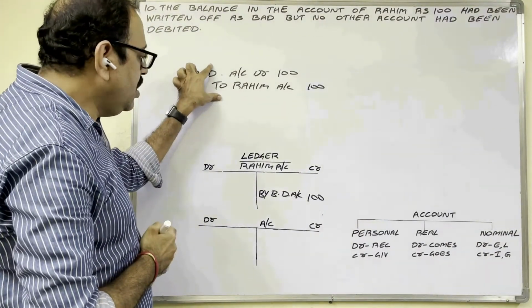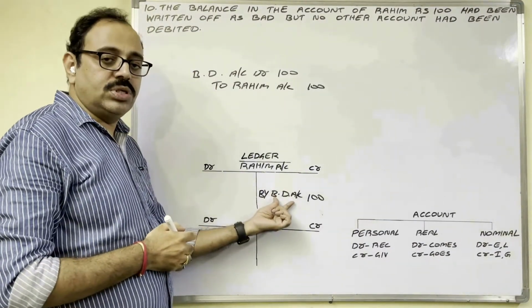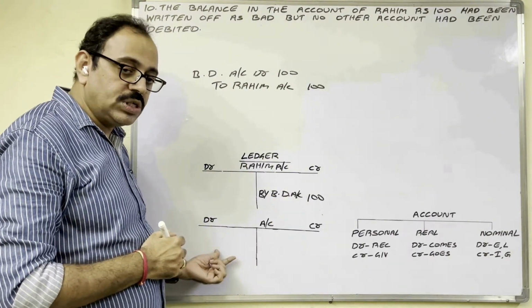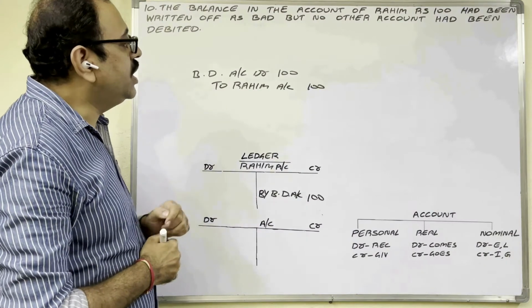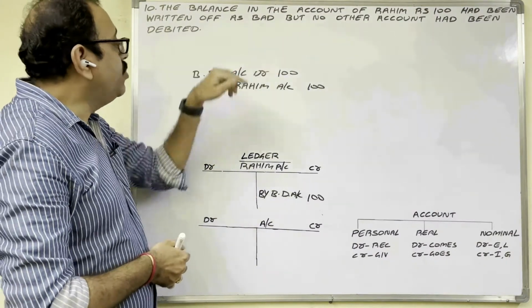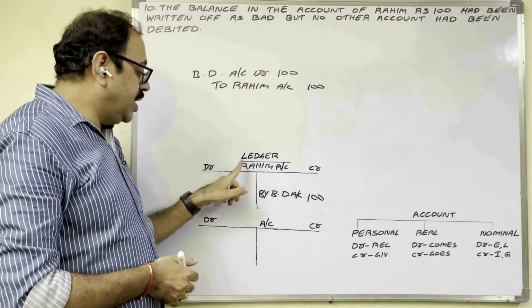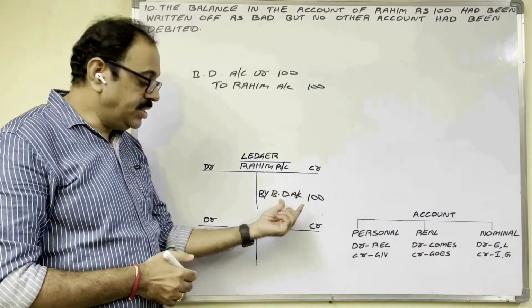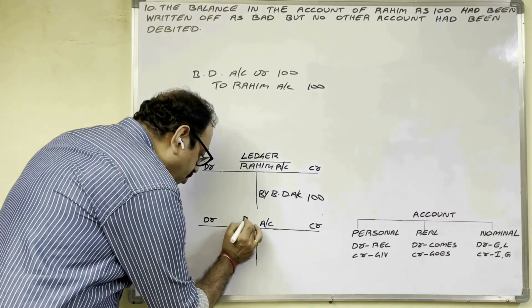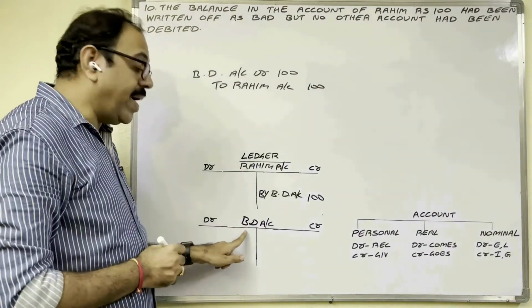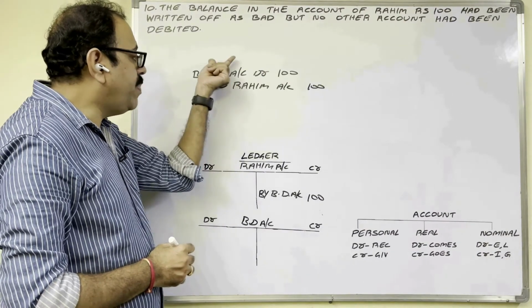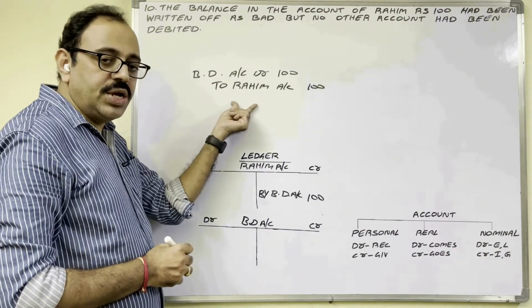So this entry is posted in Rahim's account. The second time, in the bad debt account also we should post. But in the question it is given that no other account had been debited. So in Rahim's account we have credited bad debt. But in the other account, what is the other account now? Bad debt account. Because in the journal entry, Rahim's account and bad debt account, only these two accounts are there now.